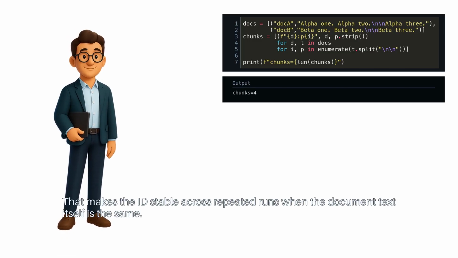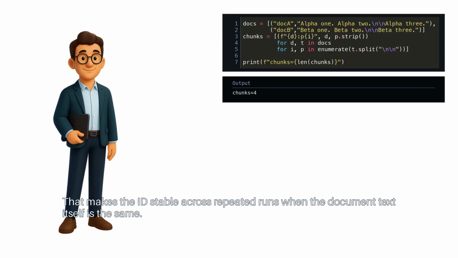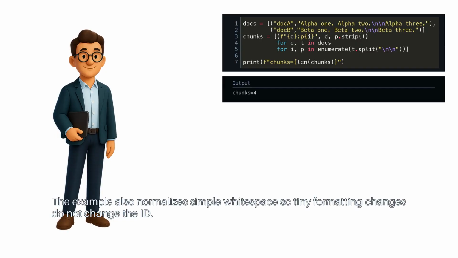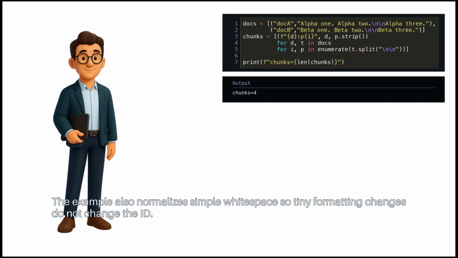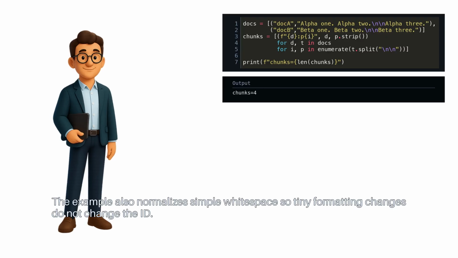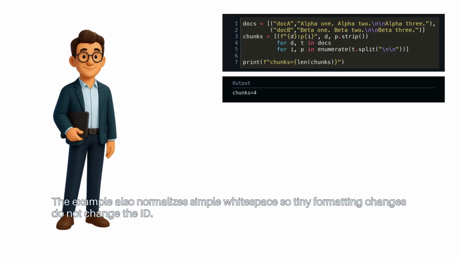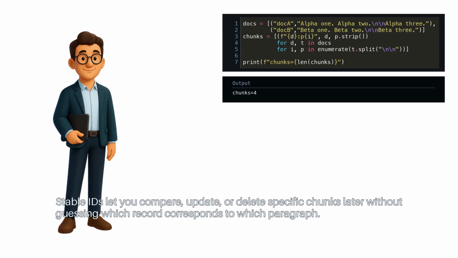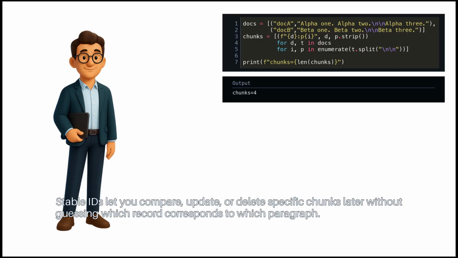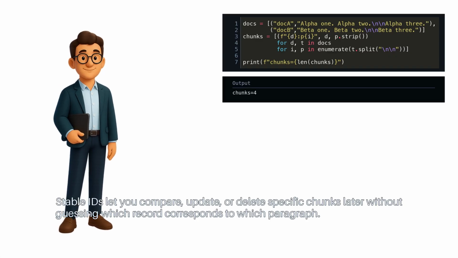That makes the ID stable across repeated runs when the document text itself is the same. The example also normalizes simple whitespace, so tiny formatting changes do not change the ID. Stable IDs let you compare, update, or delete specific chunks later, without guessing which record corresponds to which paragraph.